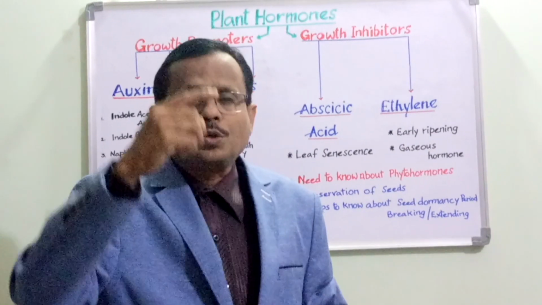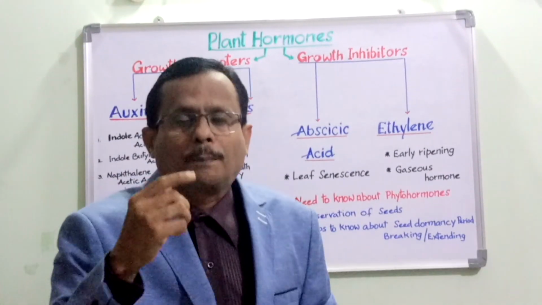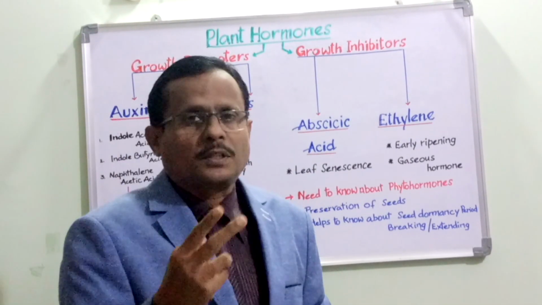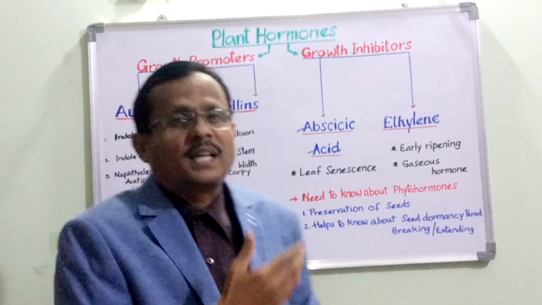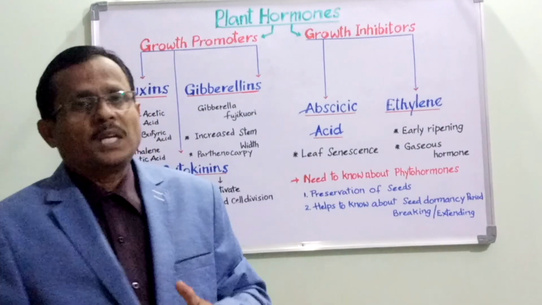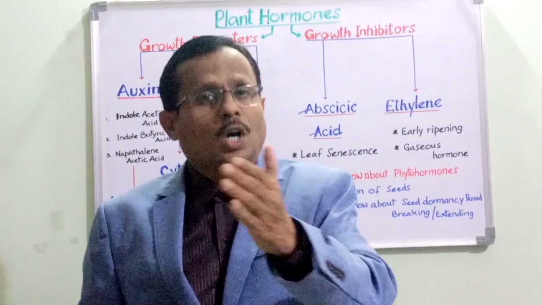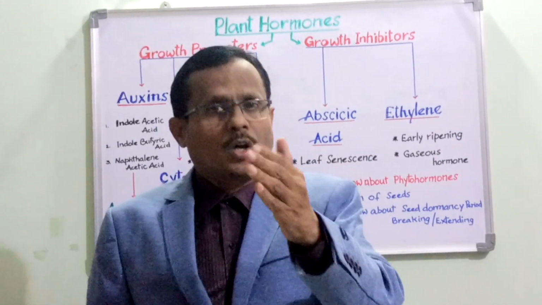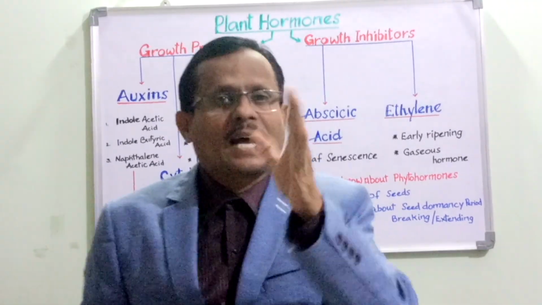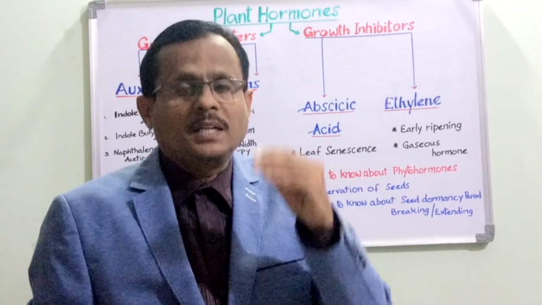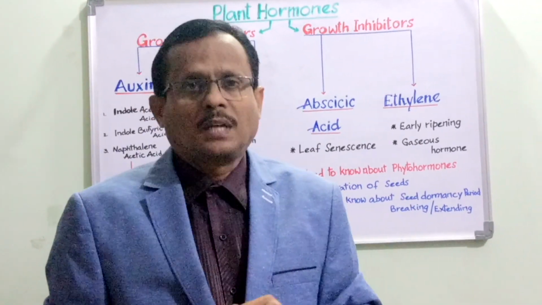So positive phototropism of the stem and positive geotropism of the root. And these two are the factors mostly influenced by these auxins. And to name, there are natural auxins and even synthesized auxins, means artificial auxins. The natural auxins are indole acetic acid, IAA, we call it in short. Then indole butyric acid, IBA.